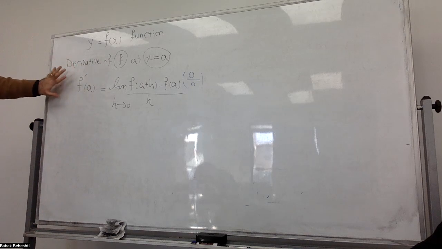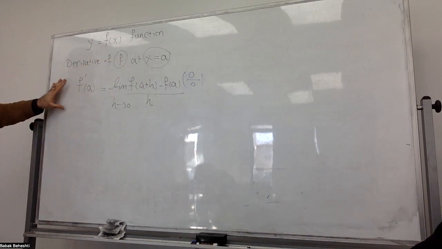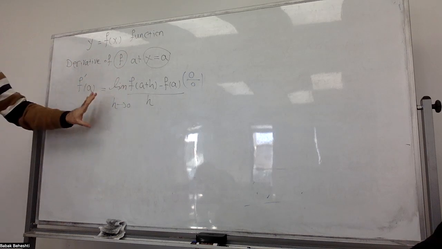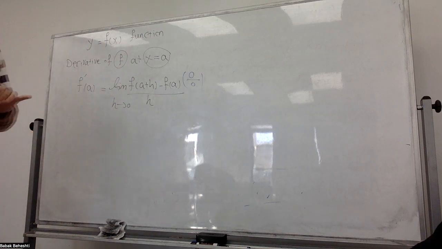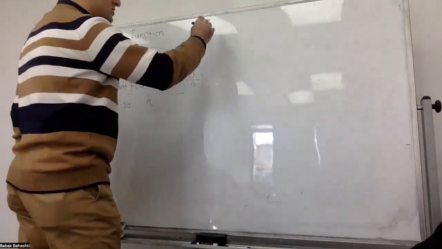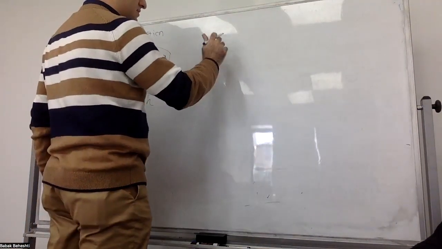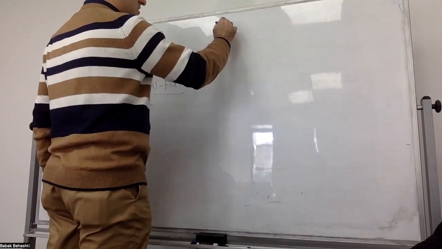Kenny, you were not here. We discussed that the derivative of a function at some point is given by this formula, by this limit. Okay. So, for example, I want you, and we do it together. So this is an example.